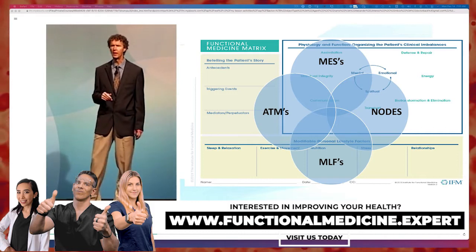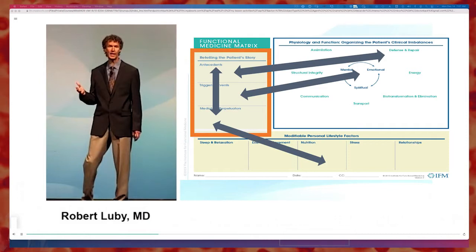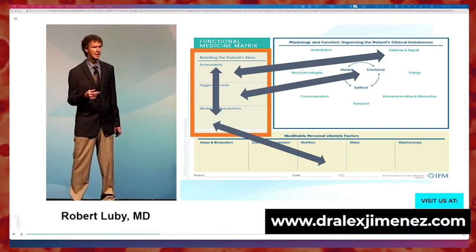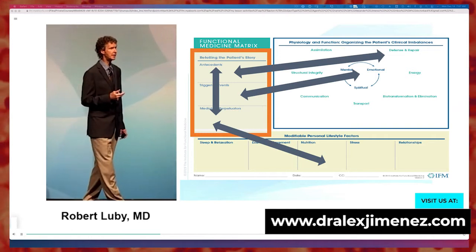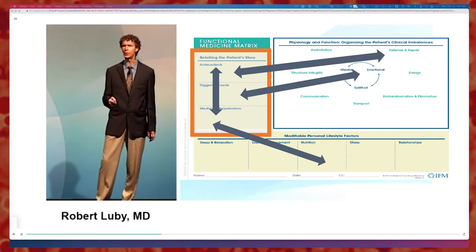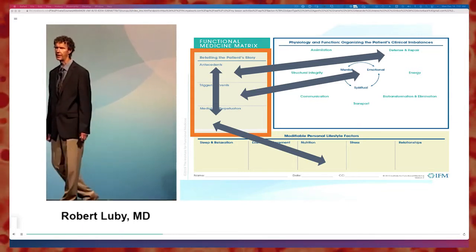There will be overlap. So the antecedents, triggers, and mediators: we've already said antecedents can become mediators if they're not addressed. Any antecedent, trigger, or mediator could be a modifiable lifestyle factor, especially those mediators. They can be mental, emotional, spiritual factors. They could also be populated on any of the 7 nodes of the matrix.